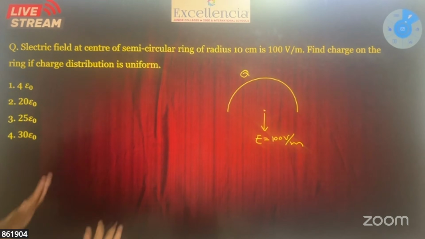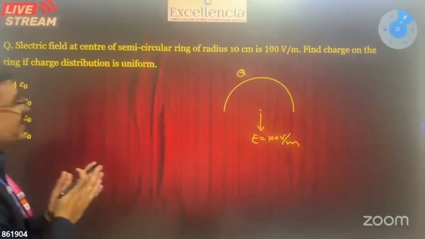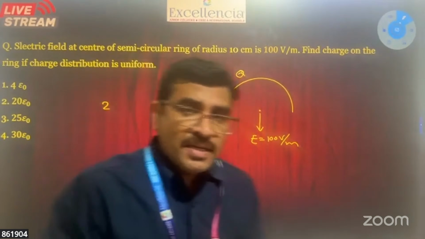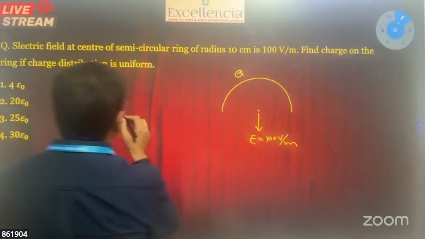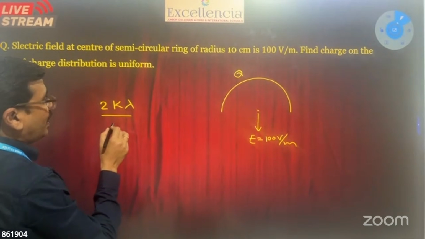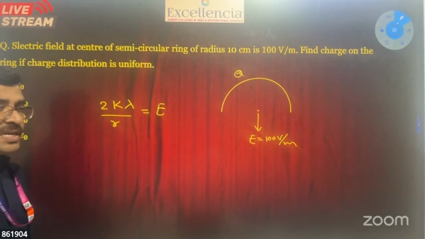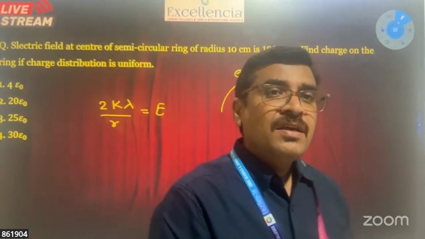So therefore, here we can directly consider the charged ring, and we can represent it as 2k lambda upon R. So this is the electric field intrinsic relation for a charged semicircular ring.